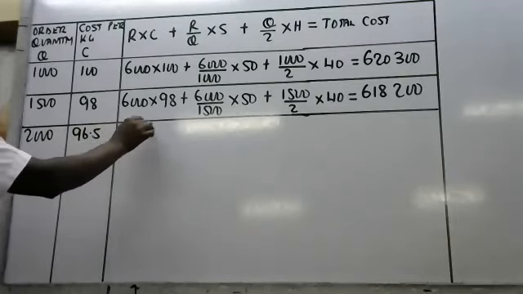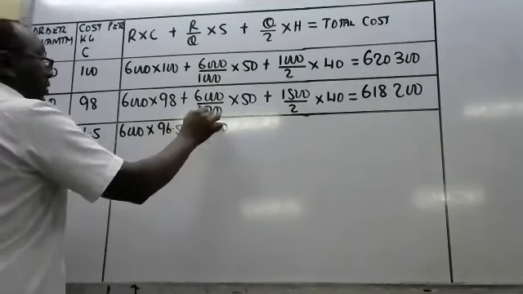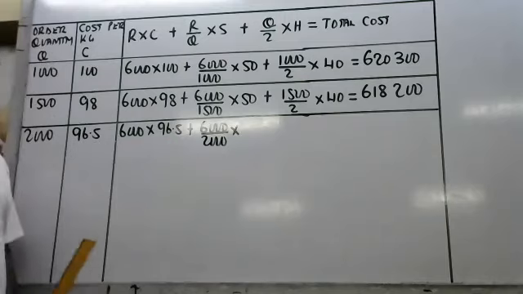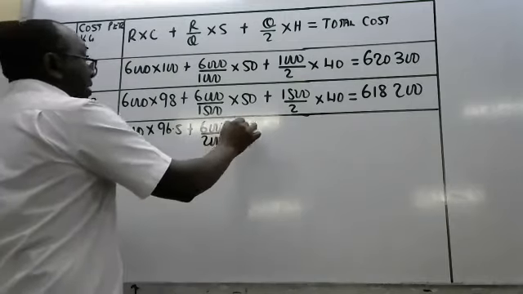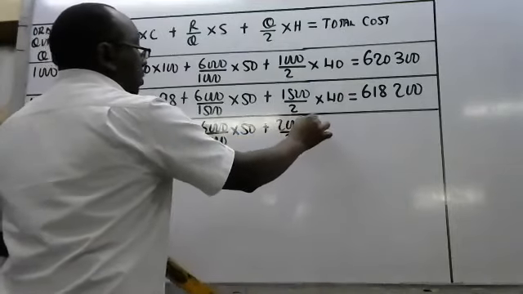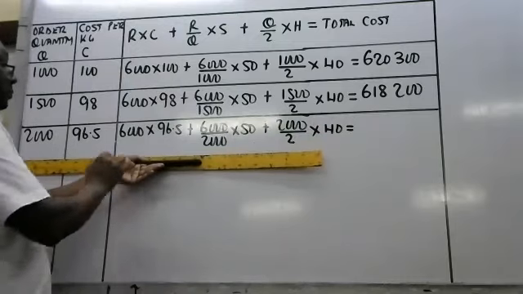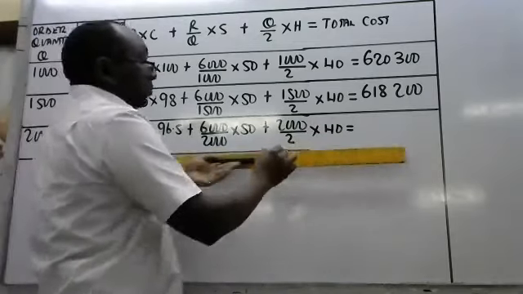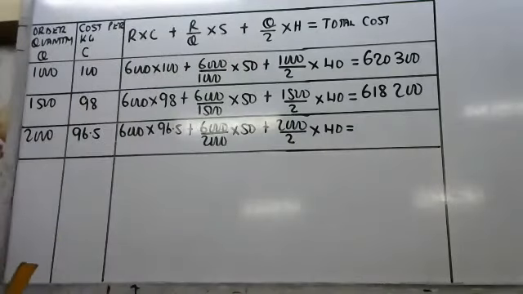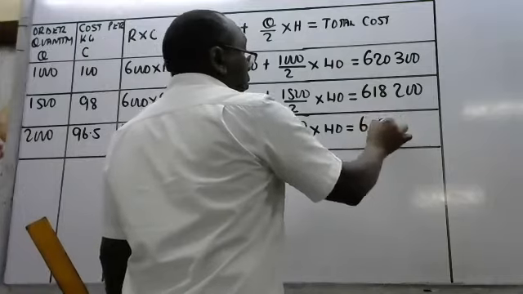So this is 6,000 times 96.5 plus 6,000, you divide by 2,000, multiply by 50, plus 2,000, you divide by 2, multiply by 40. That gives 6,150.